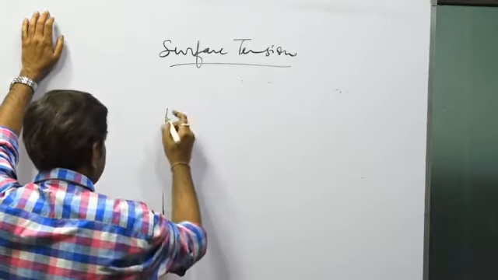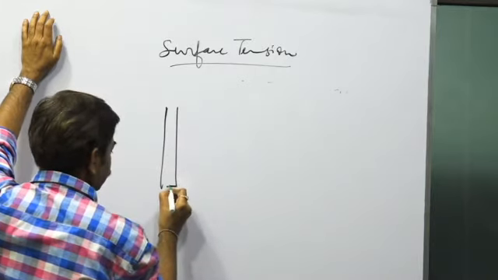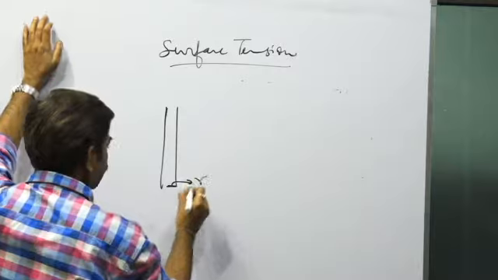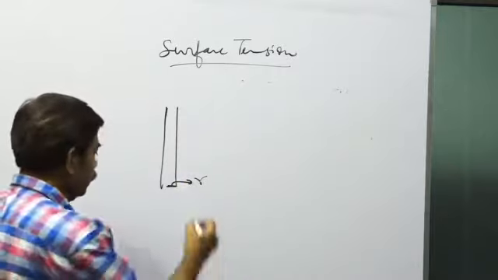Suppose we have a dropper and the radius of the cross section of this tube of the dropper is small r.